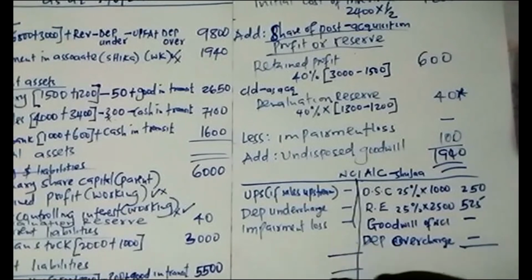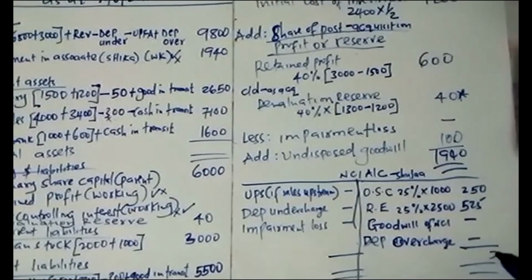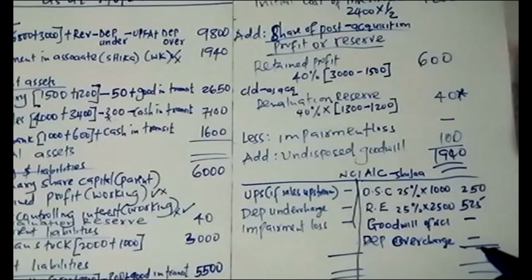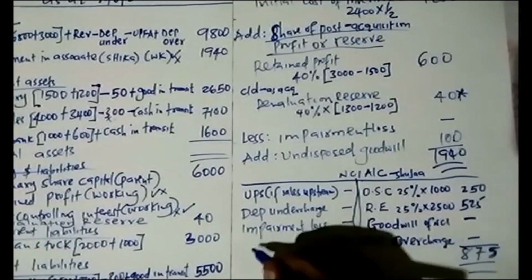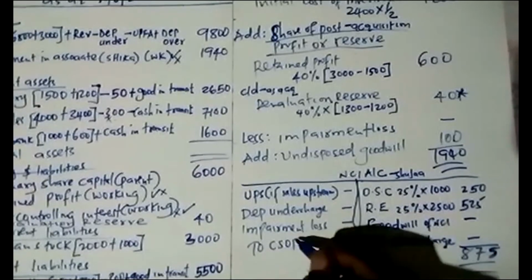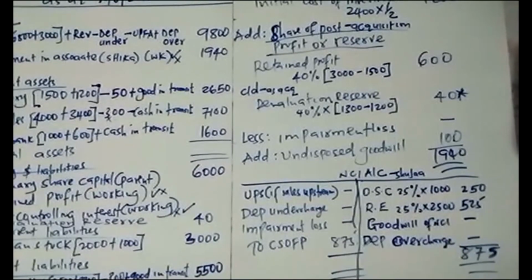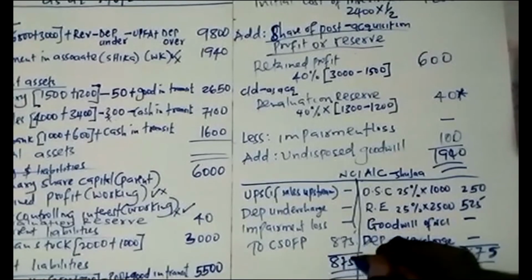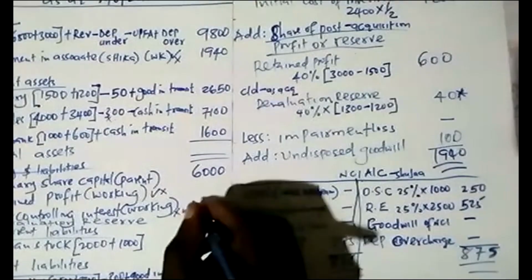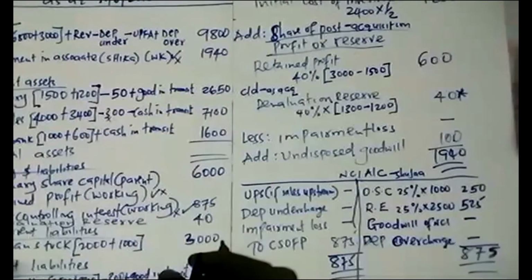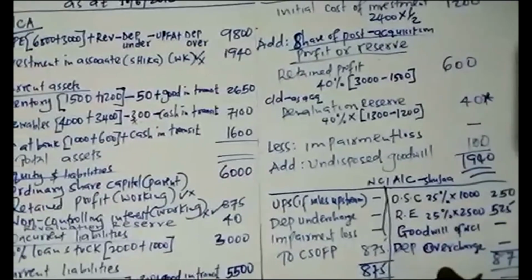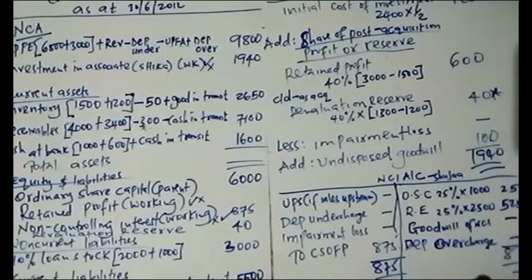So our balancing figure will be 875. So it would be 875 here, to the consolidated statement of financial position. That is the non-controlling interest.